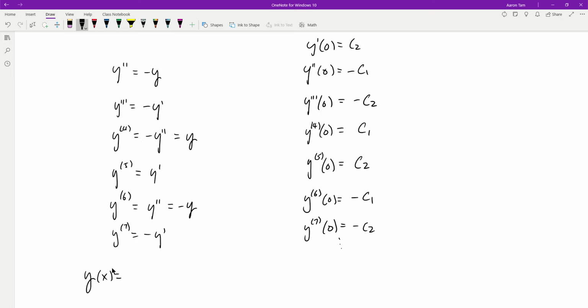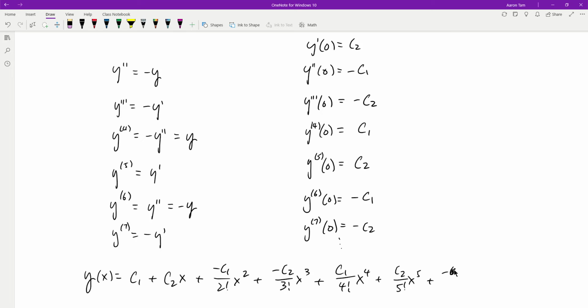It would be equal to y of 0, which is c1, plus y prime at 0, which is c2, times x, plus the next derivative, negative c1 over 2 factorial x squared, plus negative c2 over 3 factorial x to the third, plus c1 again, the fourth derivative, over 4 factorial x to the fourth, plus c2 over 5 factorial x to the fifth, plus negative c1 over 6 factorial x to the 6, plus negative c2 over 7 factorial x to the 7, plus dot dot dot.